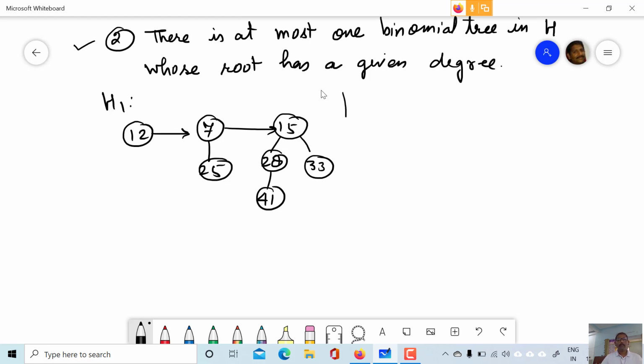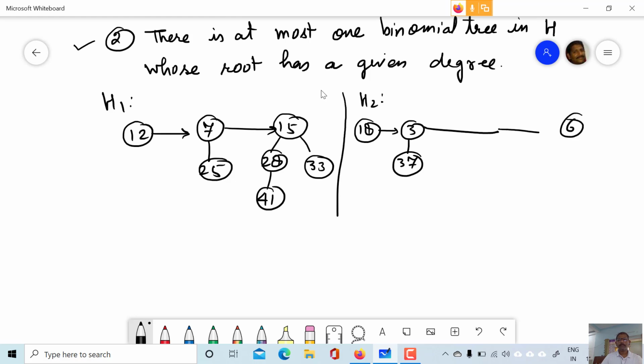Again, the second binomial heap, suppose it is H2, and suppose the first node is 18, after that 3, 37, and after that 6.